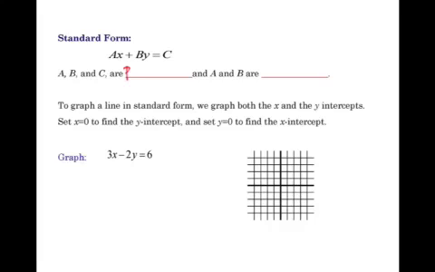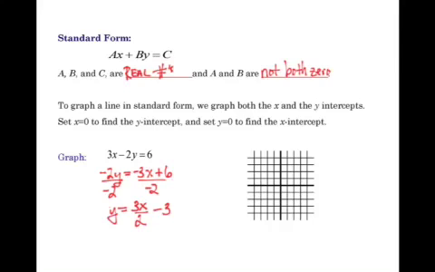We also have standard form. A, B, and C are said to be real numbers, and A and B are not both 0. Otherwise we just get 0 equals C. So we can have something in standard form. We have to do a little bit of manipulation before we can get it into something more usable. But if we solve for y and divide by -2 on everything, I get y equals 3/2 x minus 3, and this is now in my slope-intercept form.